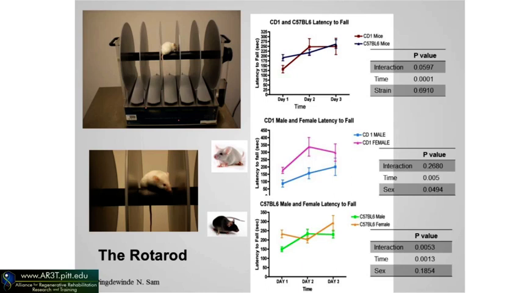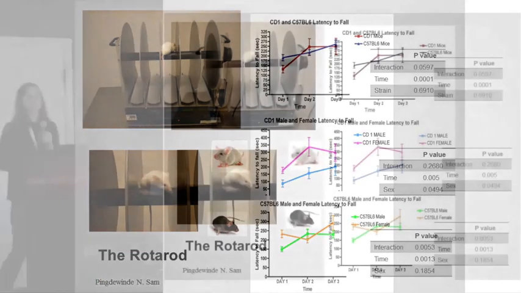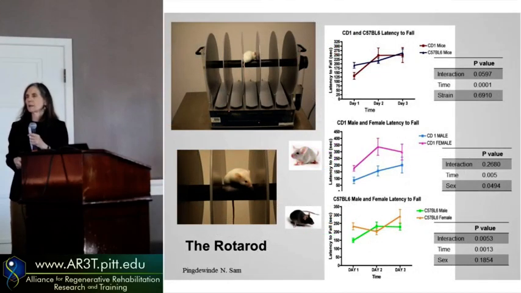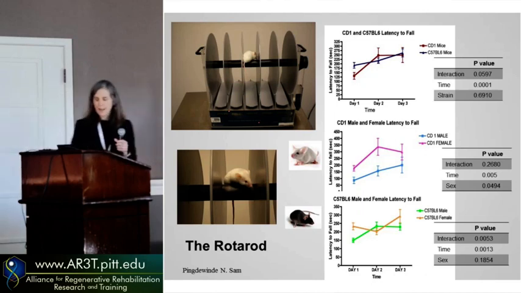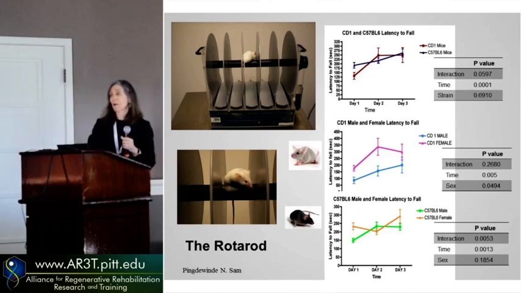If you break the data down and look at the CD1 males and females and the C57 Black 6 male and female, what you find is that you reach a difference in one group, this group, the CD1s, in terms of latency to fall. Which speaks to the fact that it's a combined, I think, reminder of thinking both about strain and sex of the animal that may vary even on an activity like the rotarod.